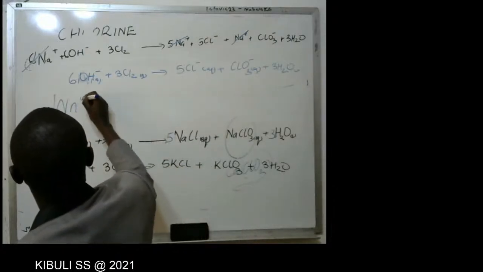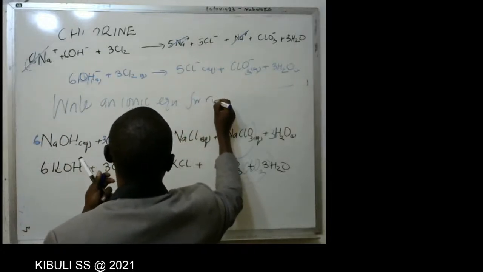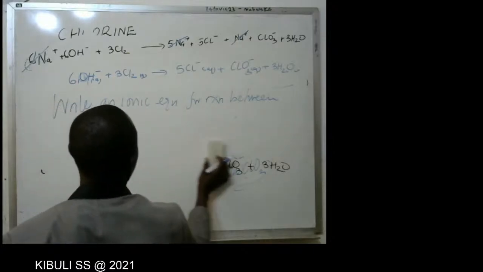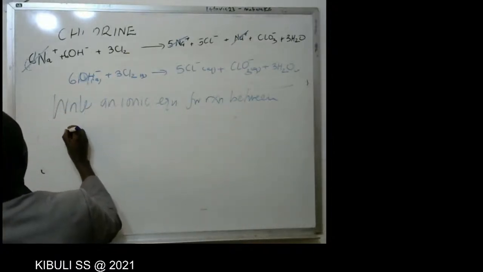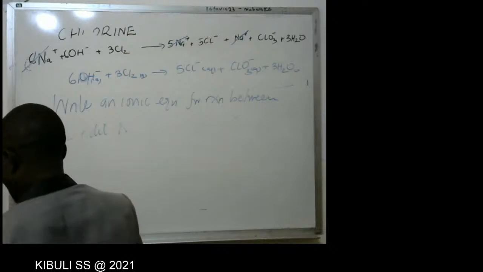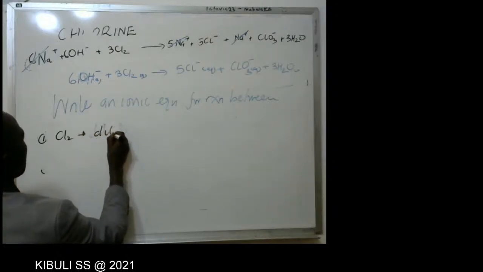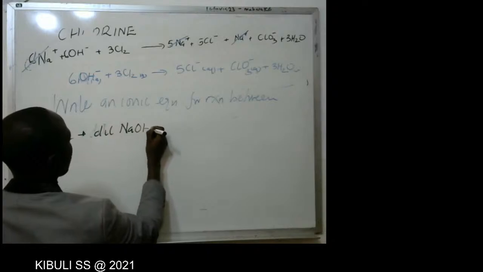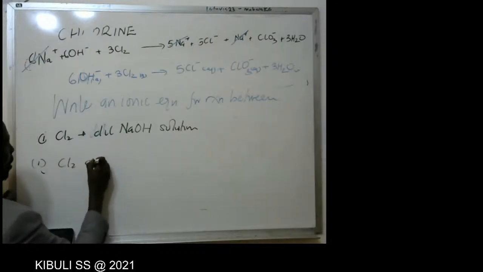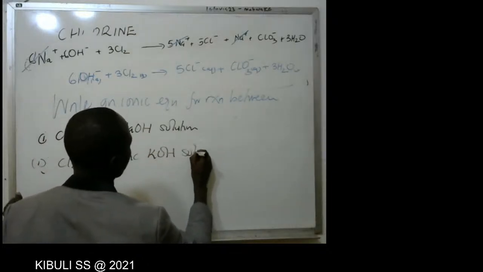So assignment, you write an ionic equation for reaction between chlorine, Roman 1 between chlorine and dilute sodium hydroxide solution, Roman 2 between chlorine and concentrated potassium hydroxide solution.